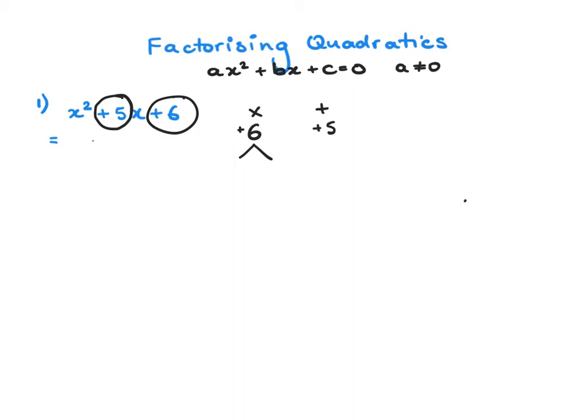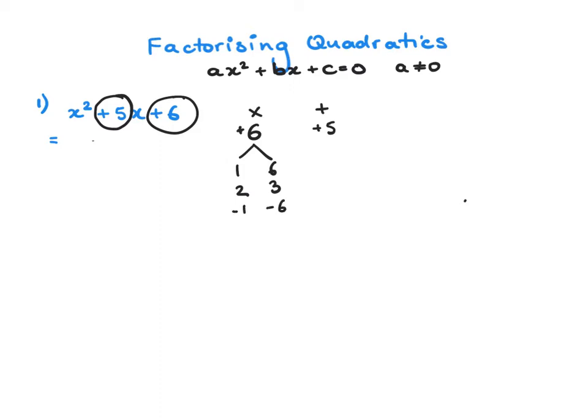You can list all if you want to, but if you recognize which two are going to give you 5 when you add them, then you don't have to list them all. Please remember, because we have positive 6 here, we can also have -1 and -6.